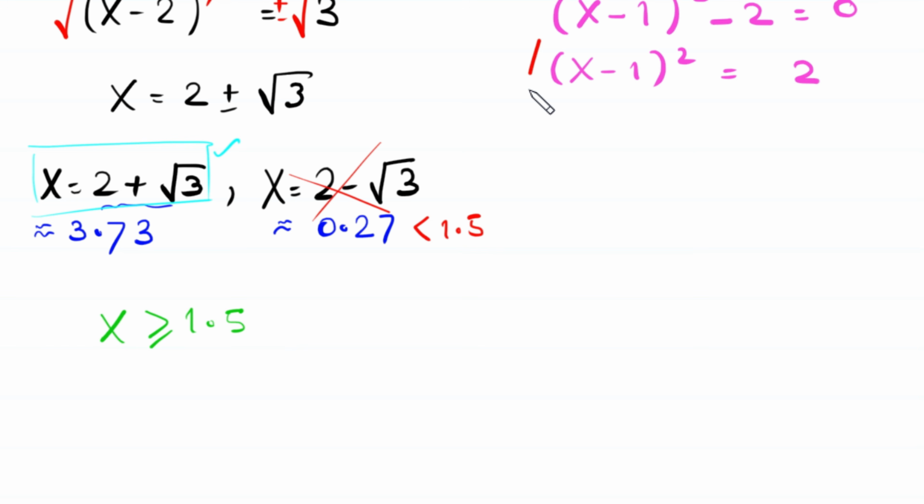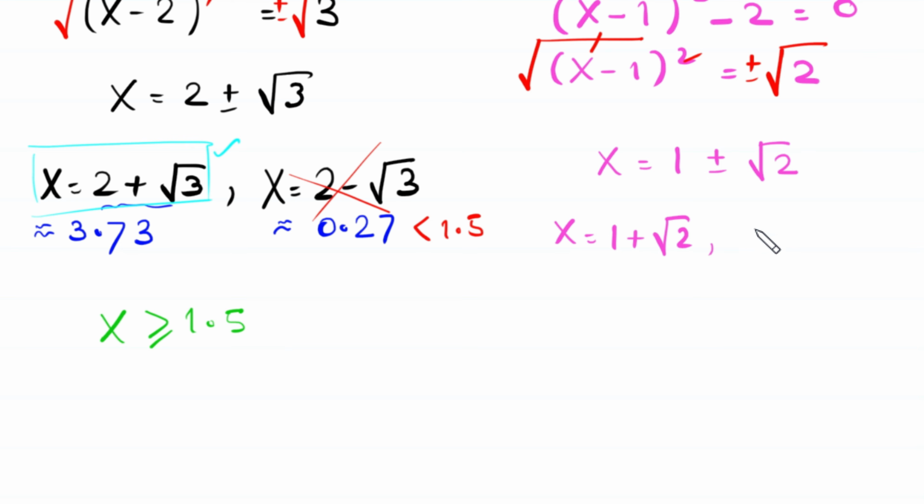And we take a square root of both sides. This square will be cancelled out with the square root and we get the value of x equal to 1 plus minus root 2, means that x equal to 1 plus root 2 and x is equal to 1 minus root 2.